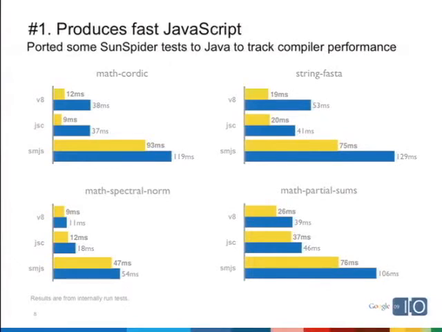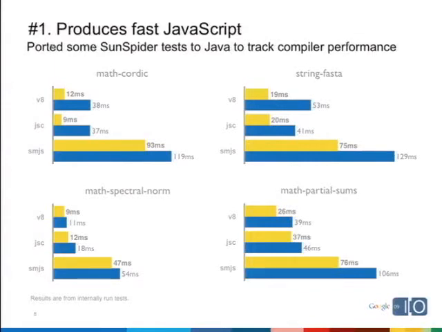What you actually see on the screen are the results from some benchmarks. We took some of the SunSpider tests, which are benchmarks you find in the WebKit rendering engine for their JavaScript engine, and we ported them over to Java. The reason we did this is because the only way to really improve performance is to measure things.